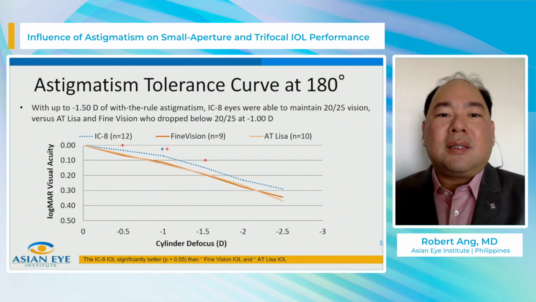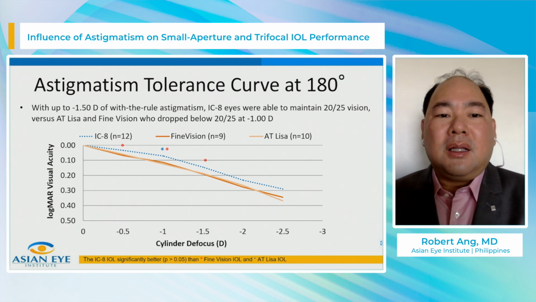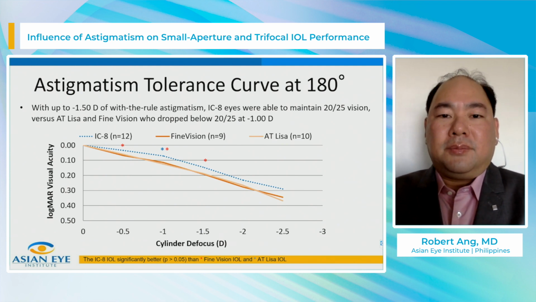We also tested with the rule astigmatism of 180. As you can see, again, the pattern follows that all three IOLs degrade as you add more cylinder, but the IC8 degrades less than the other two. All three degrade at a slope maybe a little bit slower than the against the rule, but still the pattern holds that the IC8 maintains 20/25 vision all the way close to 1 to 1.5 diopters.